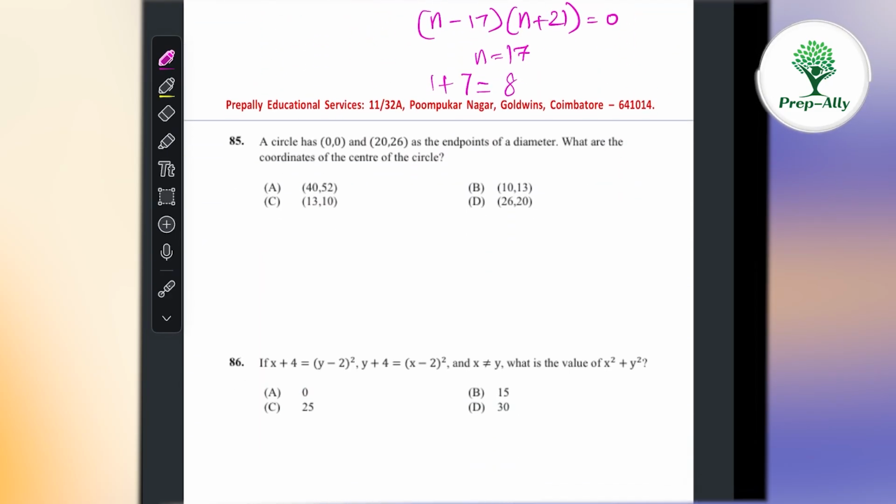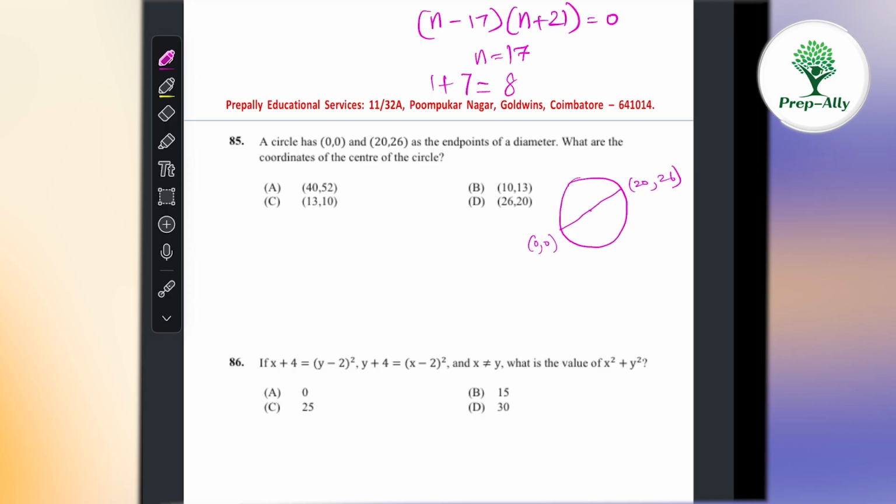Let's see question number 85. It says a circle has 0, 0 and 20, 26 as endpoints of a diameter. So what are the coordinates of the center of the circle?